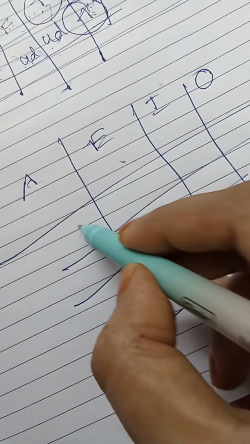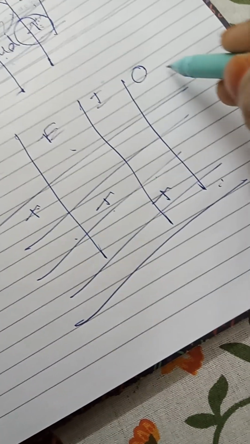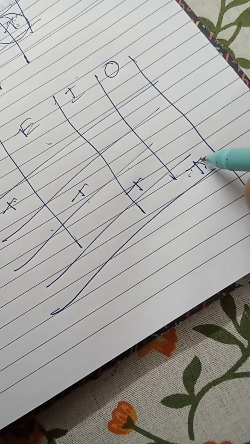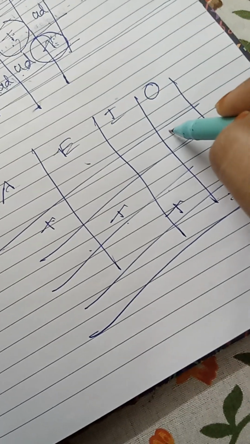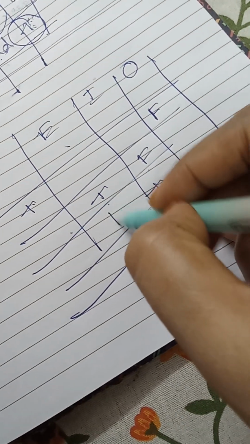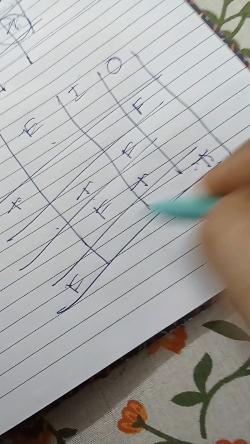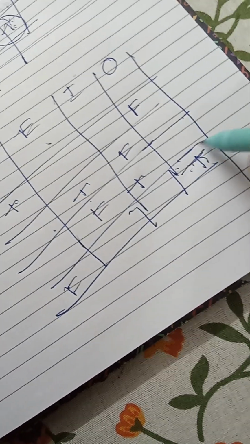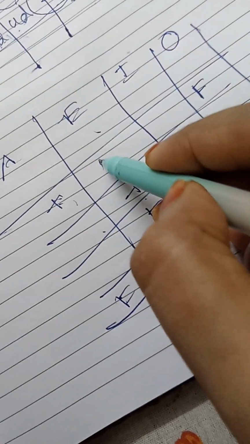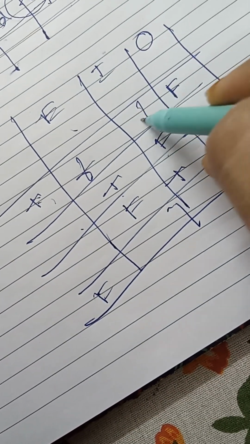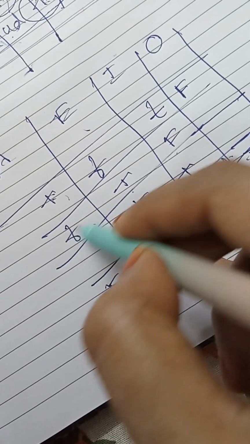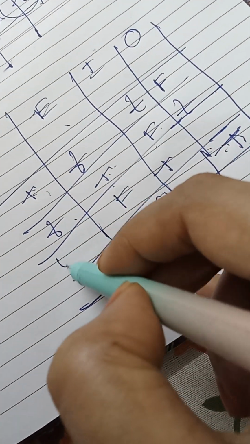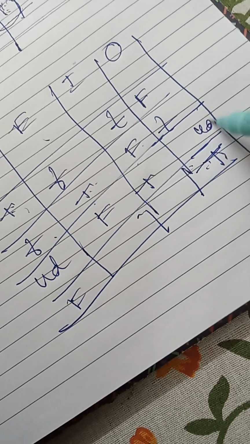So T, 1 2 3, T. Now F and F. Now T F. Now F T. And in the second half, what I said, undetermined and undetermined.